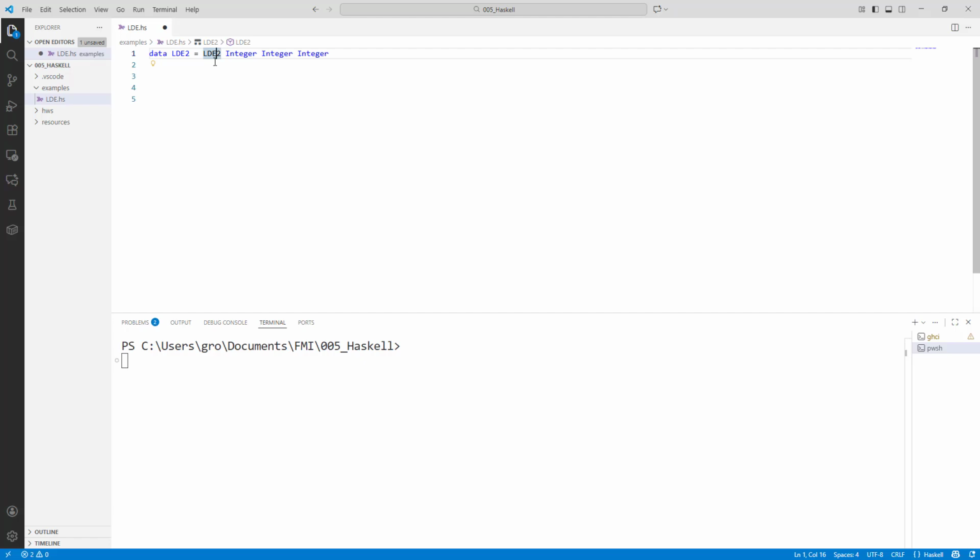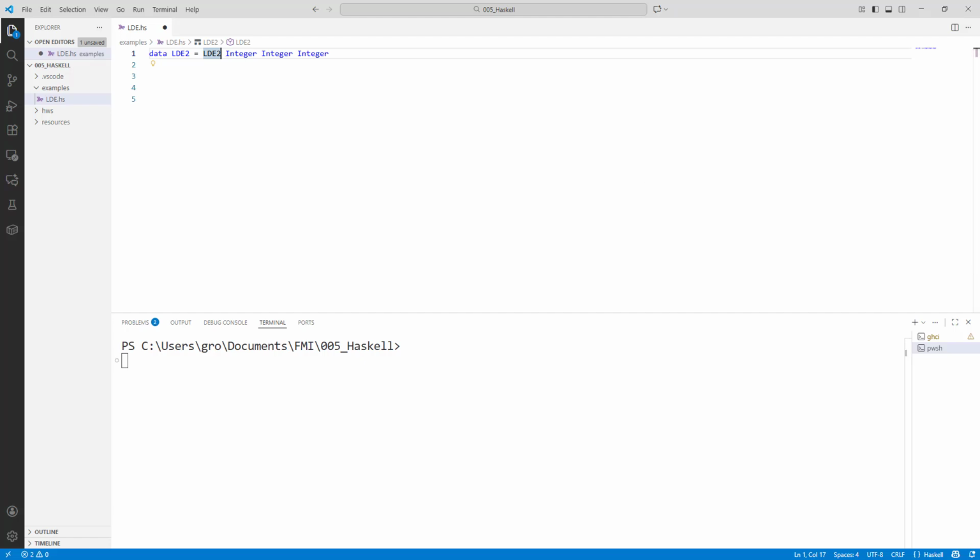Let's think of it this way. The first LDE2 is the name of the type, and the second LDE2 is the function you call to make that type. You'll see this pattern all the time in Haskell.